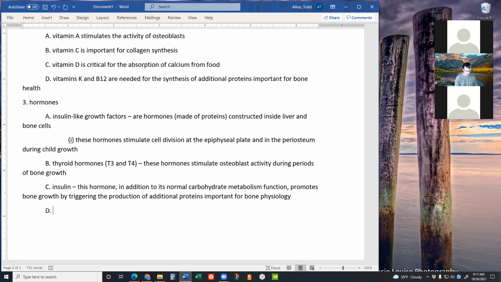So the growth spurt during puberty is triggered by the sex hormones, estrogen, progesterone, and testosterone.